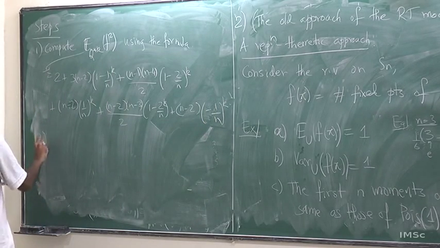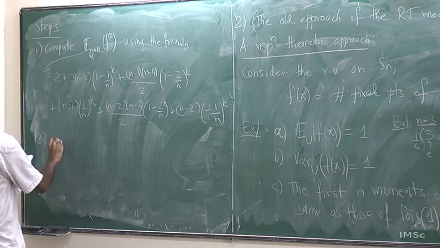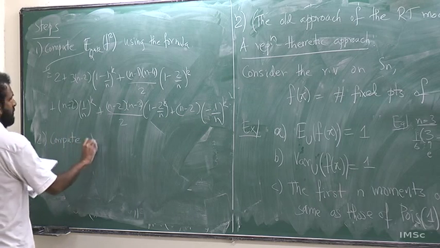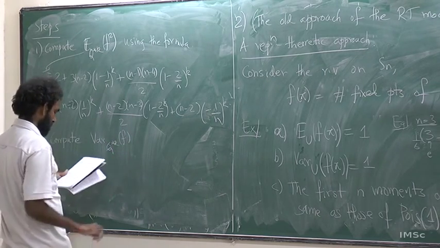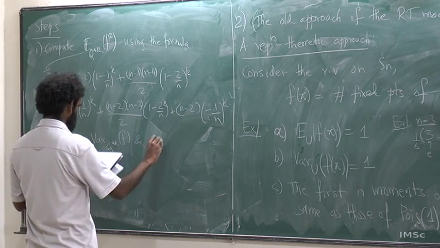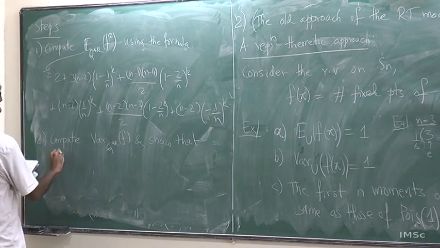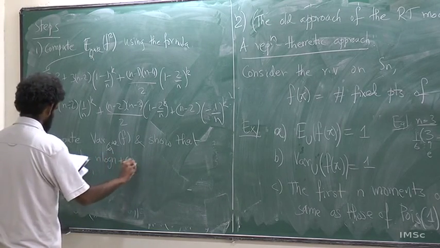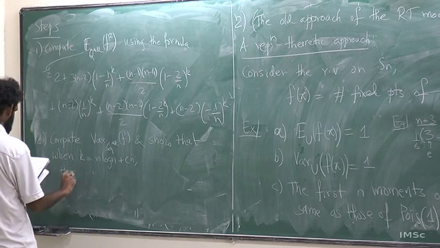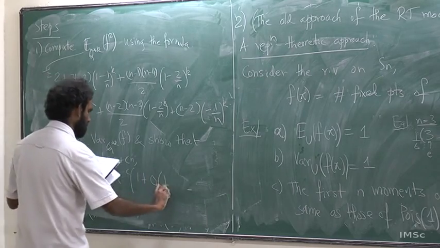Now, the variance is the expectation of the square minus the square of the expectation. So compute the variance of q star f and show that when k equals n log n plus cn, this is 1 plus e to the minus c, 1 plus big O of 1 by n.